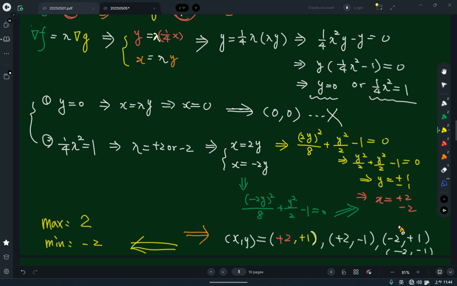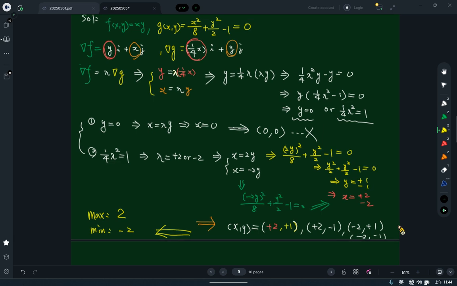For these 4 points, the maximum value, if you remember, the target function is f of (s, y) is equal to s times y. So the possibilities are 2 times 1, positive 2 times negative 1, negative 2 times positive 1, or negative 2 times negative 1.